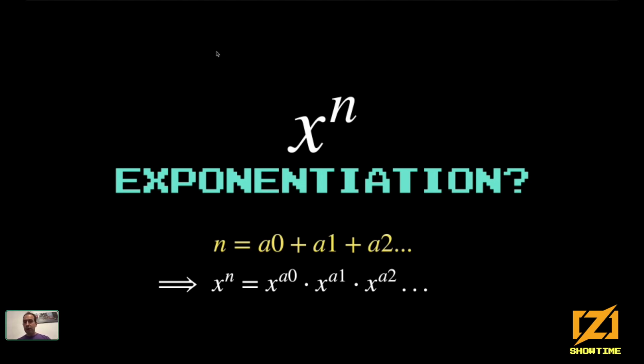Well, we would do it the same way as we would in any group. But if n is very large, we are not going to iterate n times. That would be super, super slow. So what we can do is decompose n into a sum. And then the exponentiation is just going to be a product of smaller exponentiations.